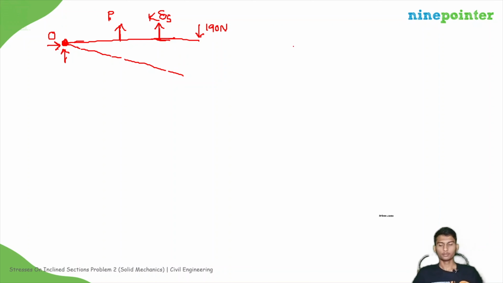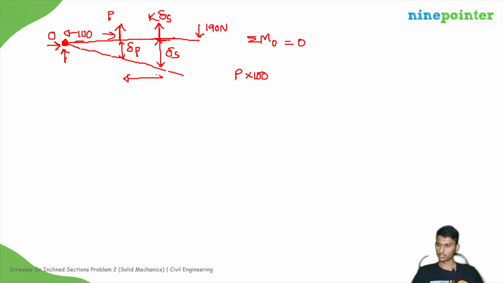This will be del S, this will be del P. If you apply moment at O, the sum of moments about O is equal to 0, that is the equilibrium condition. You will get P into 100, because this distance is 100, this distance is 200, this distance is 300, as given in the question.